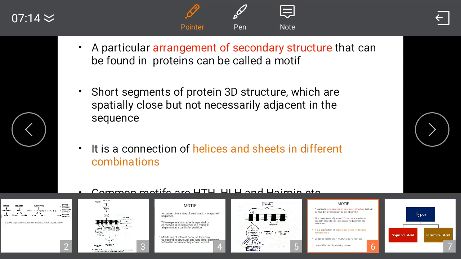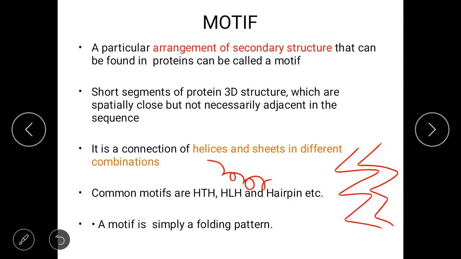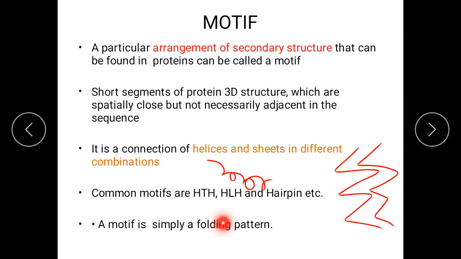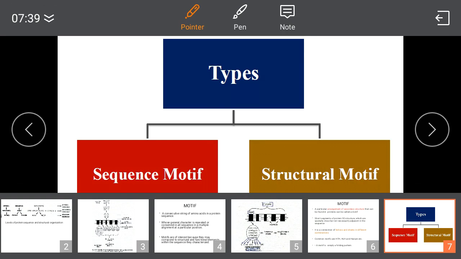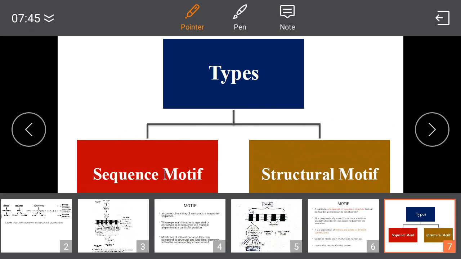You have studied the secondary structure, that is either alpha helix, left-handed or right-handed, otherwise the beta sheet, with parallel or anti-parallel hydrogen bonding, that is parallel or anti-parallel beta sheets or hairpin loop. One can simply define a motif as a simple folding pattern. So there are two types of motifs: one is the sequence motif, another is the structural motif.